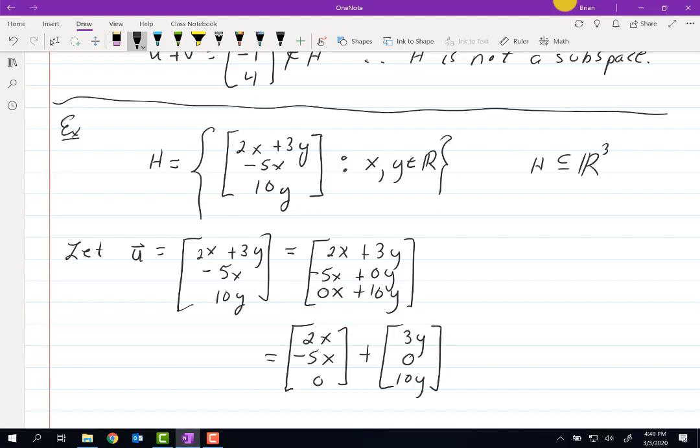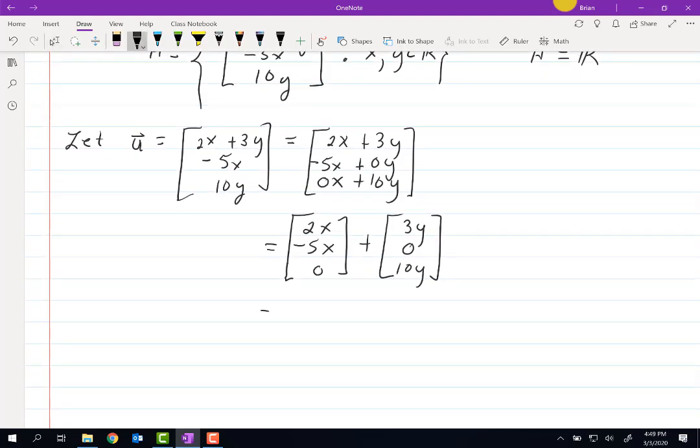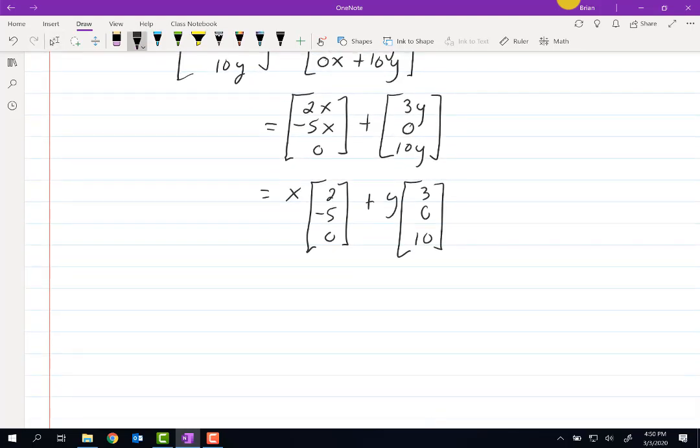Well, let me go one more step. I'm going to factor out an x. And I'm going to then factor out a y. Now hopefully you can see, since x and y are real numbers, this is nothing more than a linear combination of these two vectors. So this item is in the span of those two vectors.